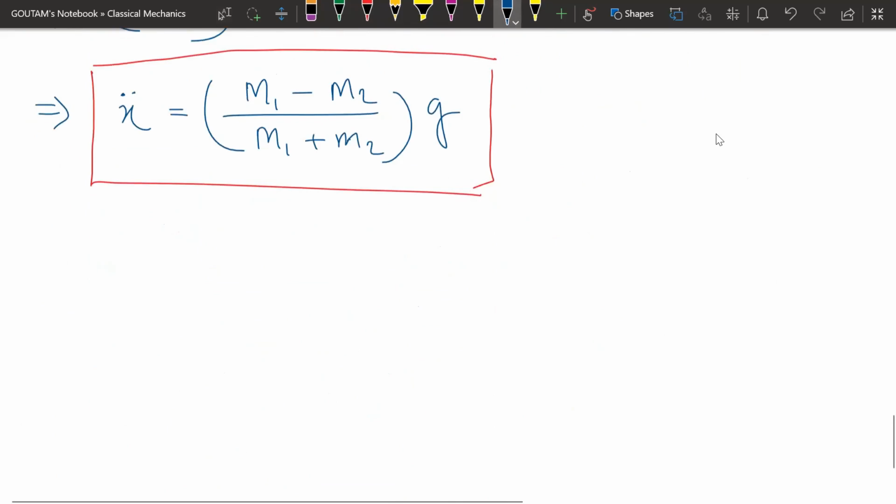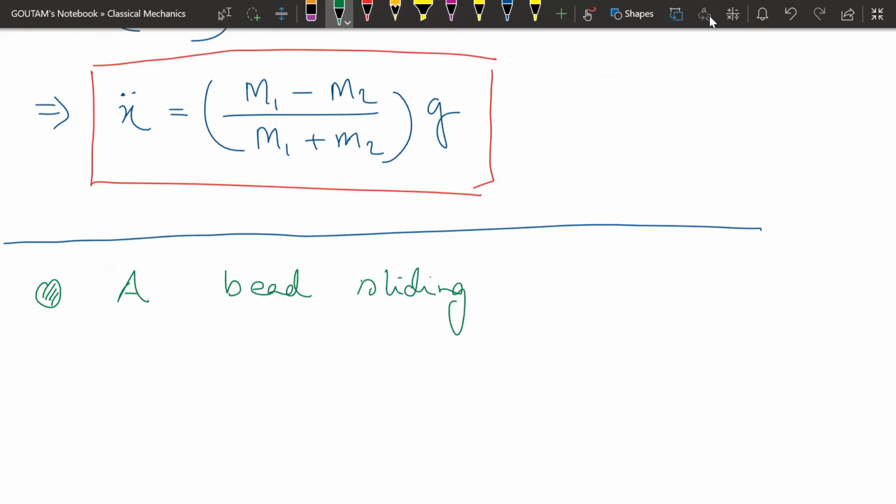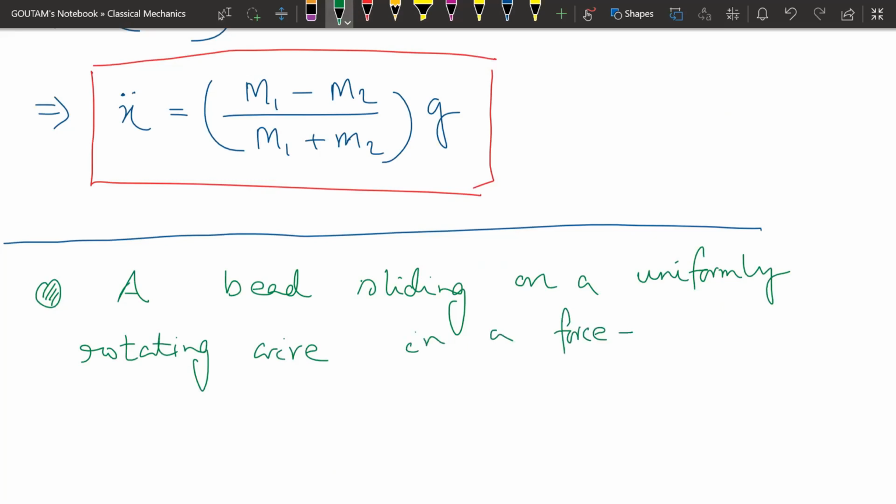So now let's look at another problem, which is a bead sliding on a uniformly rotating wire in a force free space.